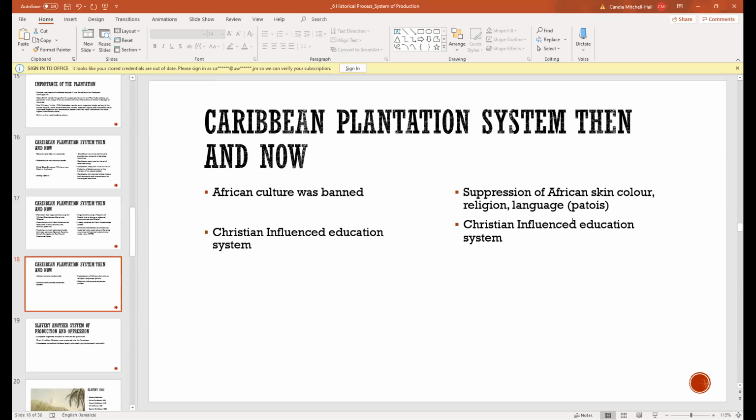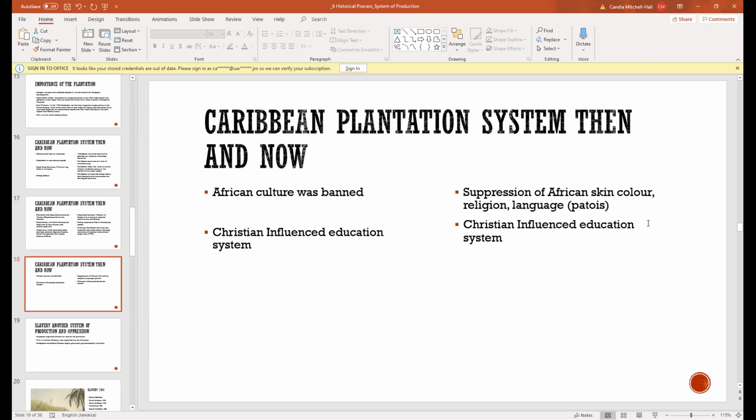My point here is to show you, or from what the syllabus asks us to do, the syllabus asks us to look at what the plantation was then, how the plantation is reflected in today's society.